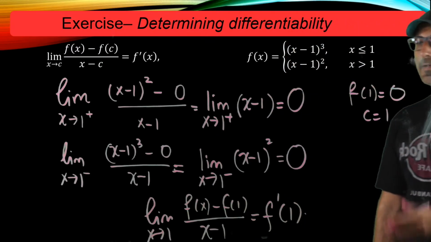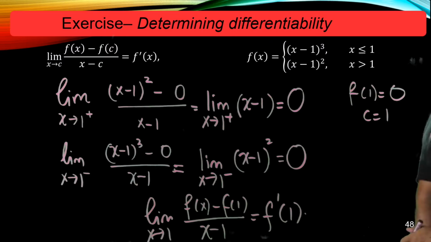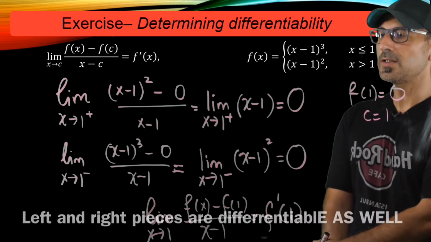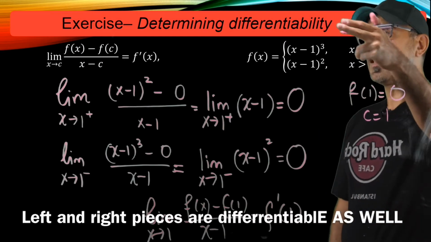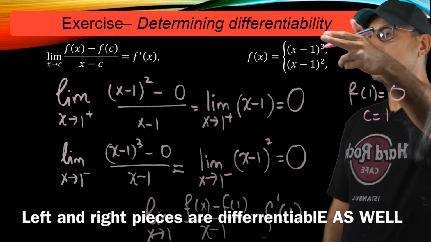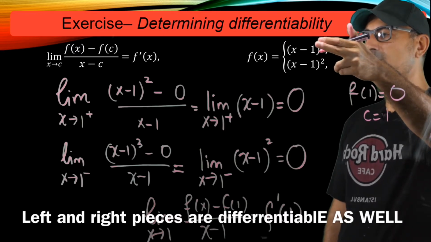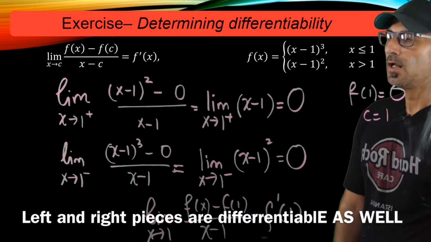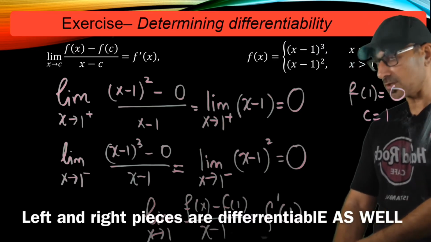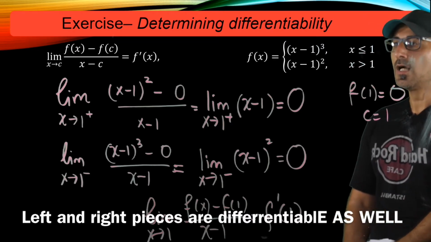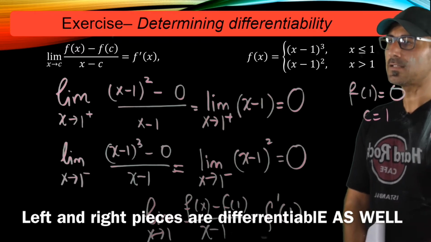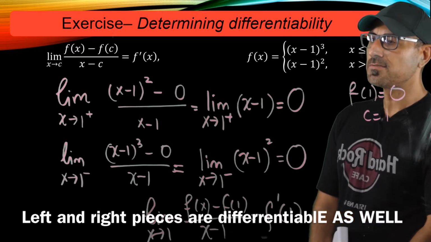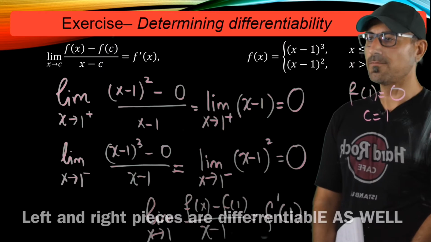So in other words, f is differentiable at the point 1. f is differentiable everywhere because if x is not equal to 1, the top piece is differentiable, the bottom piece is differentiable, and since f is also differentiable at x equals 1, the conclusion here is that the function f is differentiable for every x.